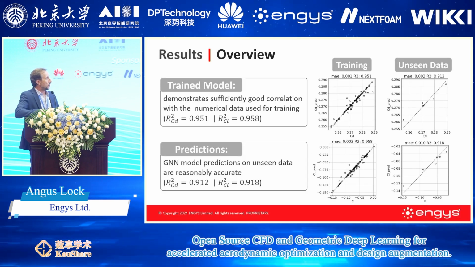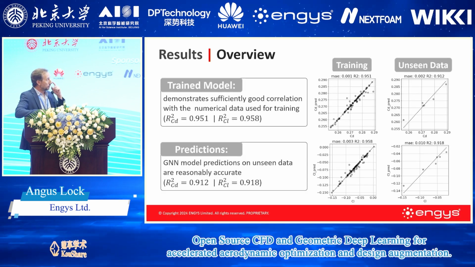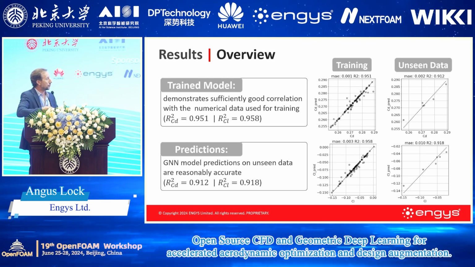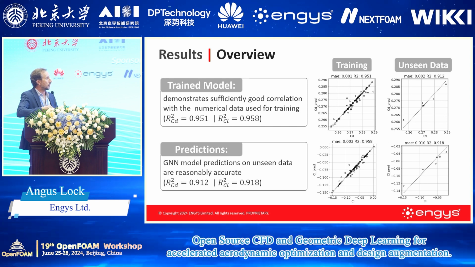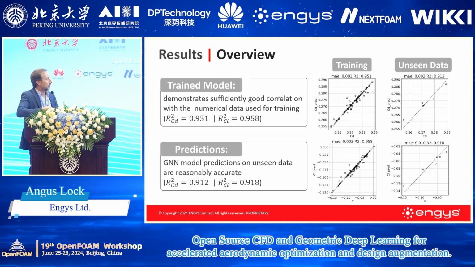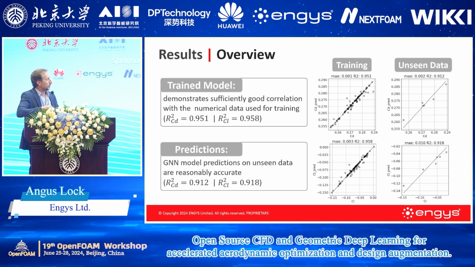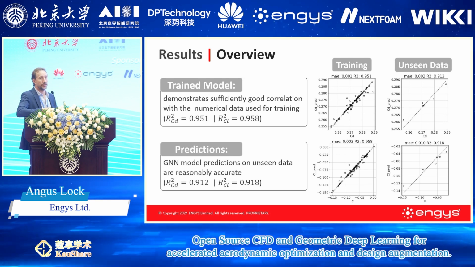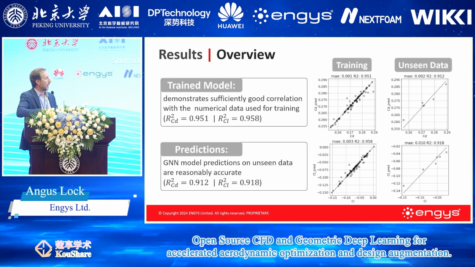So in terms of the results, we're looking at correlation graphs here, where the ground truth from the CFD is on the horizontal axis, and then the predicted CD is on the vertical axis. Almost all of these data points fall within 1% of the ground truth predictions, which is extremely accurate, and we're very happy with that.